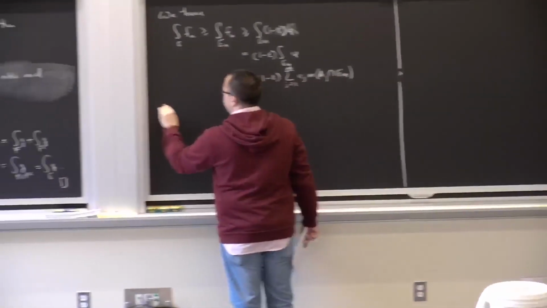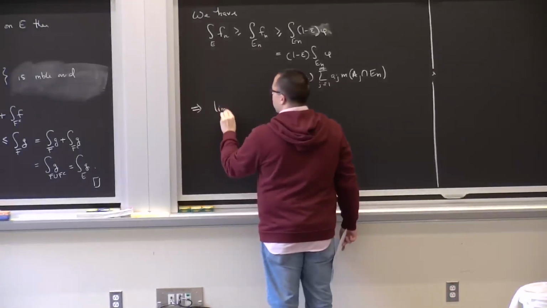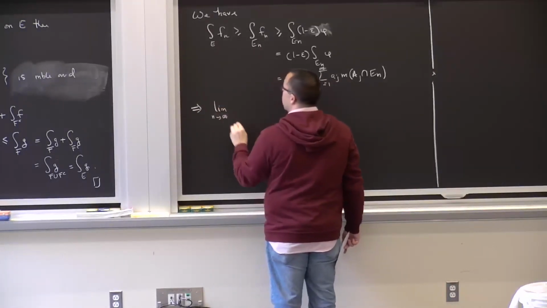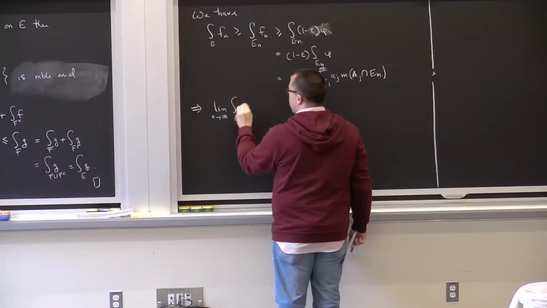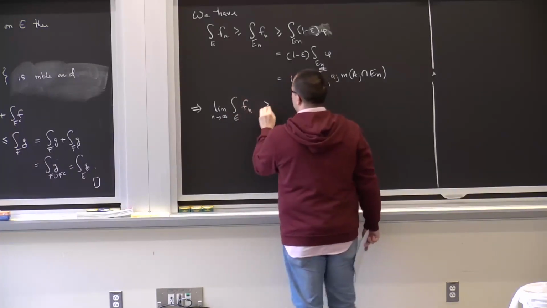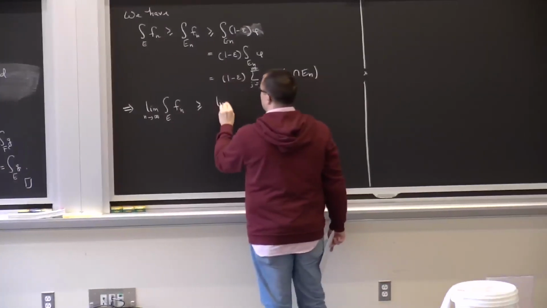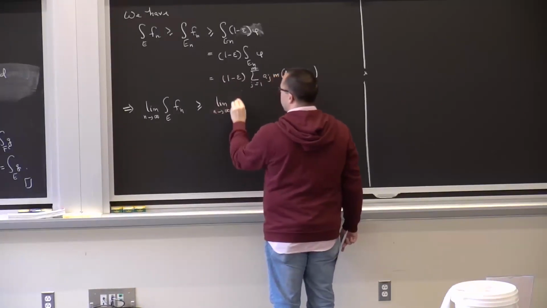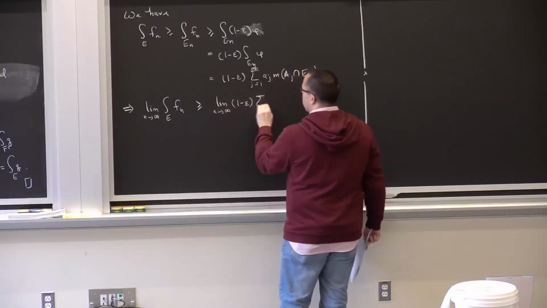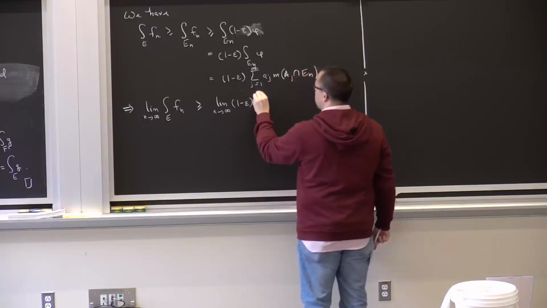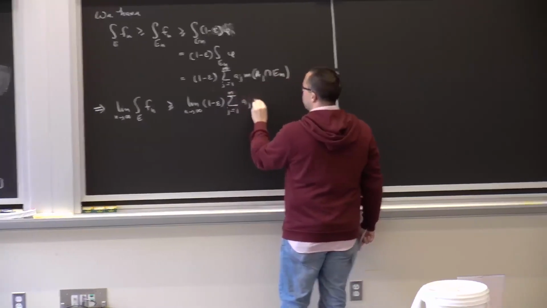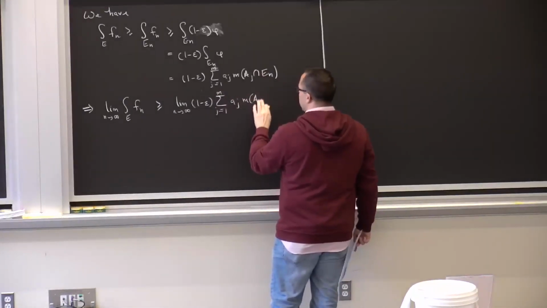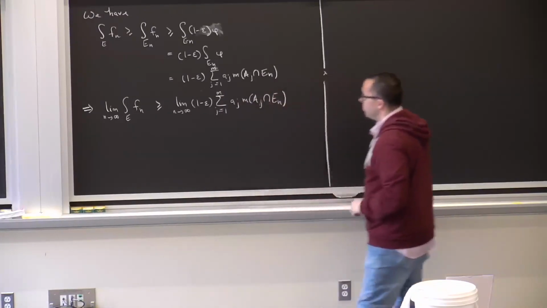And therefore, the limit as n goes to infinity of the integral over E of f sub n is less than or equal to the limit as n goes to infinity of 1 minus epsilon times the sum from j equals 1 to m of aj measure of aj intersect E sub n.